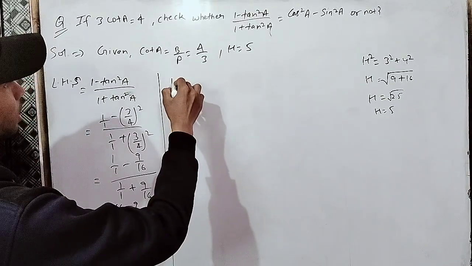Then we have 7 by 25. This is not the answer. We have to prove that LHS is equal to RHS. So the value of LHS is 7 by 25. So we are taking RHS now.